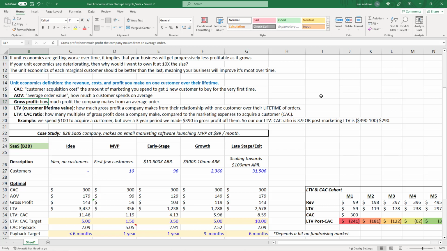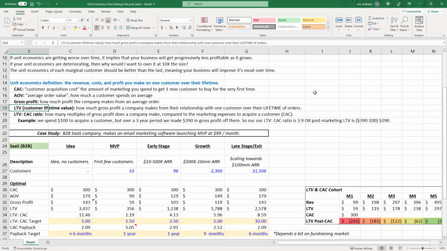Then you have gross profit. So that is how much profit the company makes from the average order. So you take the revenue and you subtract the direct costs. So with a SaaS company, that's generally customer support, hosting, different things that go into making the product live, a lot of technology costs. But generally, SaaS companies have very high gross profit margins, between 60 and 80%.